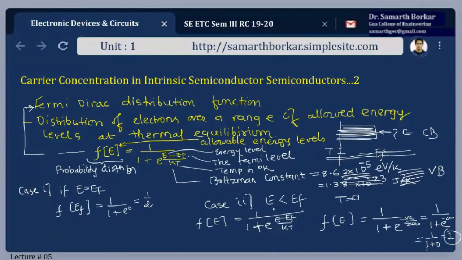For this case, when the energy level is less than the Fermi energy level at T equals 0, all these electrons will be present in the valence band. And since T equals 0, there are no electrons present in the conduction band. So in other words, the probability of finding electrons in the valence band is 100%. That is 1. I hope it is clear to all.